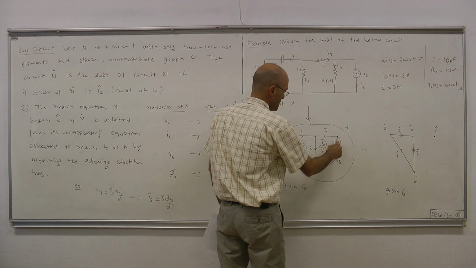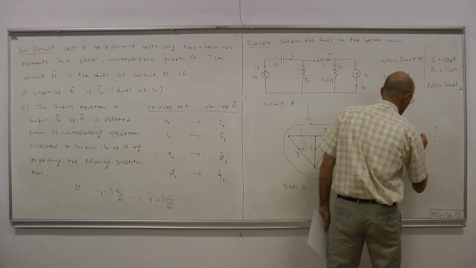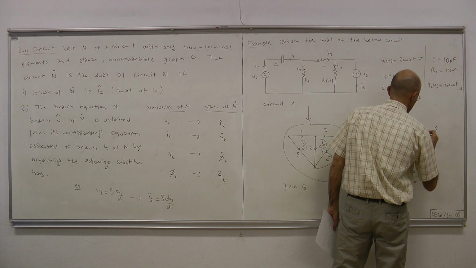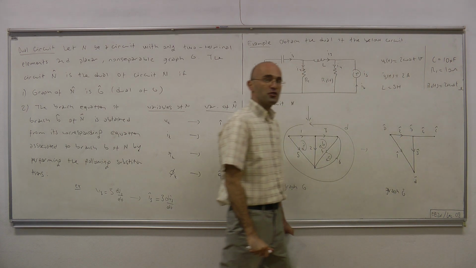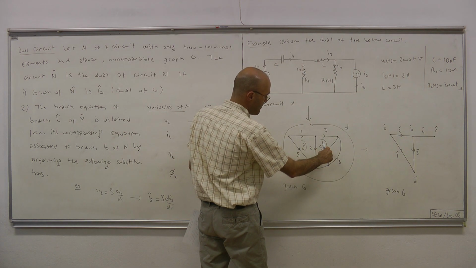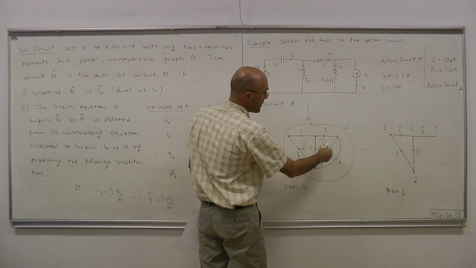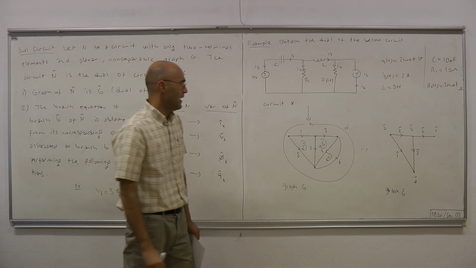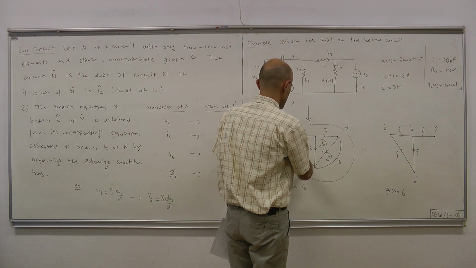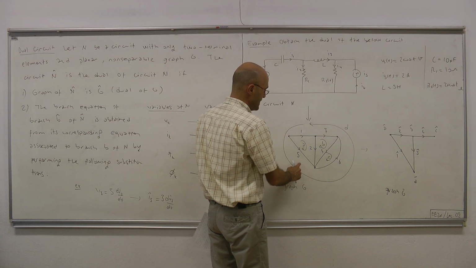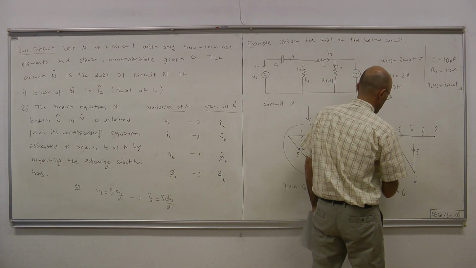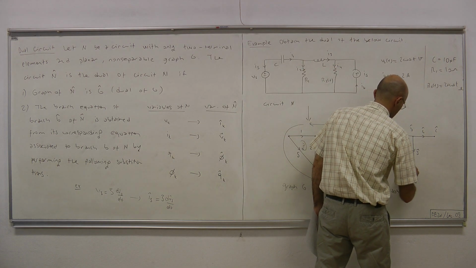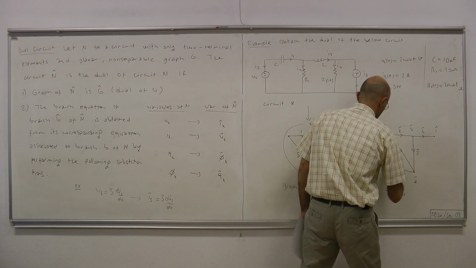4th branch is in between B and C. Okay, this is 4 hat. How about its direction? It's same with B, therefore it leaves B. Okay, that's the direction. And 5 is here, it's between A and D. Here we have 5 hat.